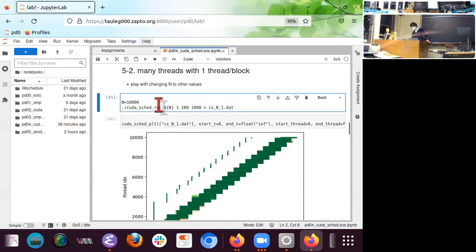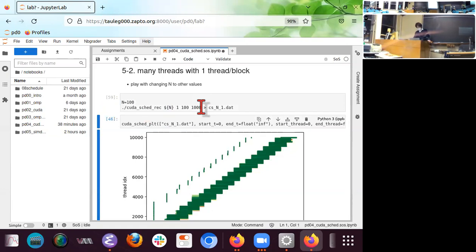So in this experiment, for example, let's say you create in total 100 threads here, but you still maintain the size of a single thread block to 1, just as before. So it ends up creating 100 thread blocks, each having only a single thread.